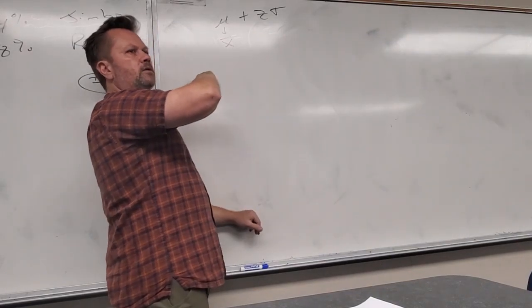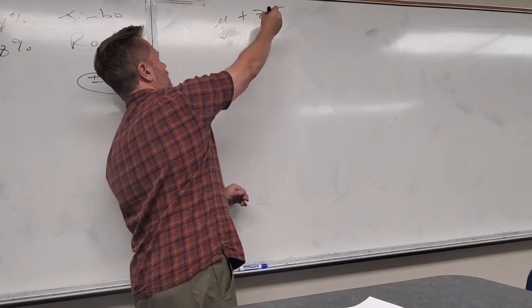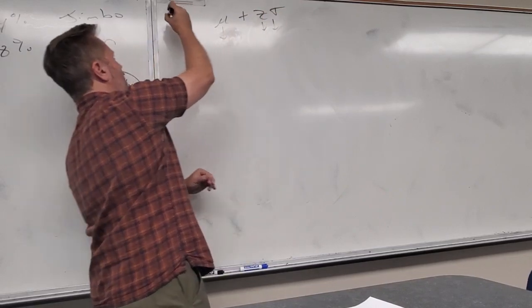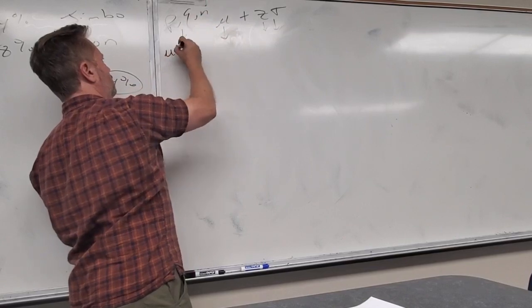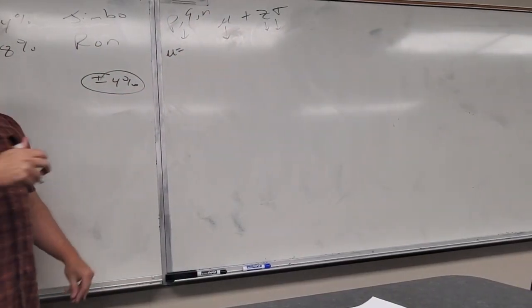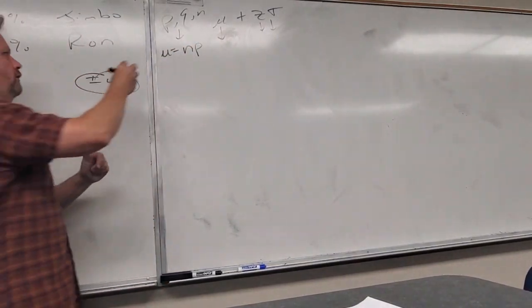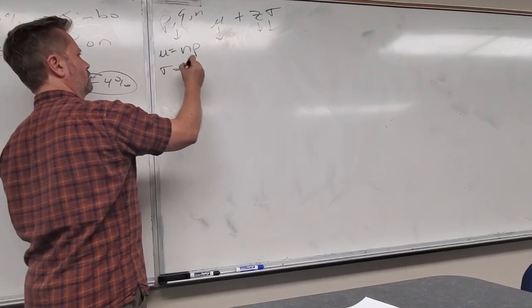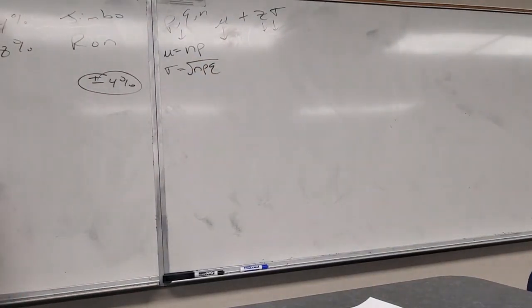What I want to do now is replace this with percentage stuff. So if I have P and Q and N, what's the mean? NP, remember that? And what's the standard deviation? Square root of NPQ.